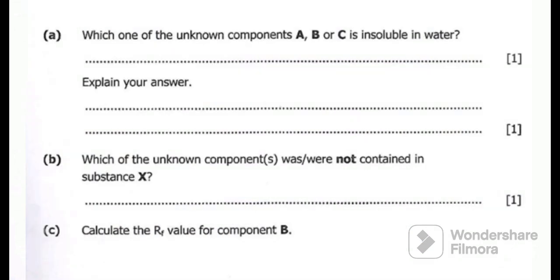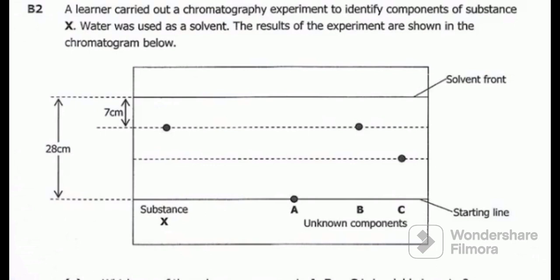Question B: which of the unknown component or components was or were not contained in substance X? Of these three unknown components, which ones were contained in substance X? To find this answer, you compare.